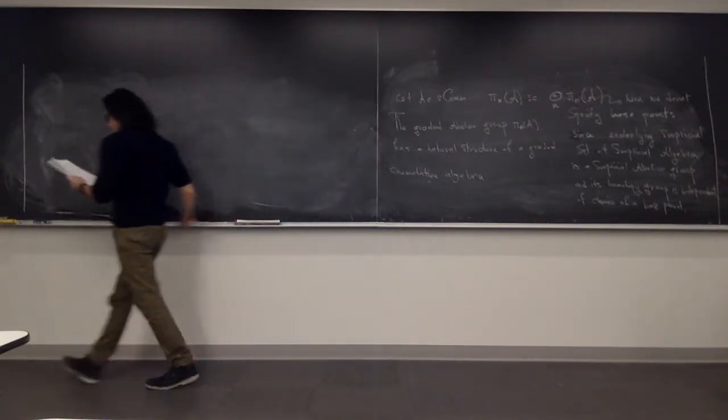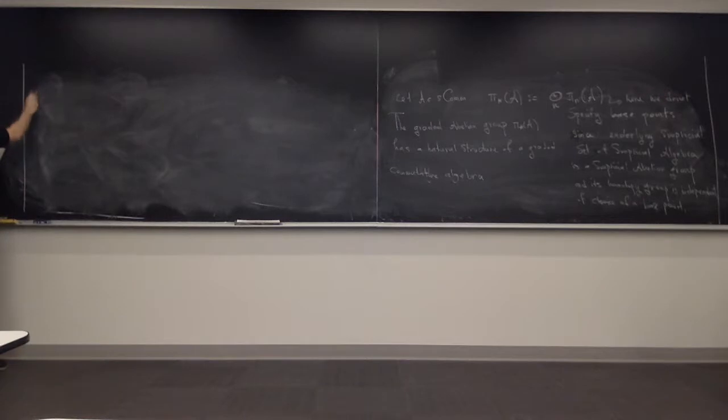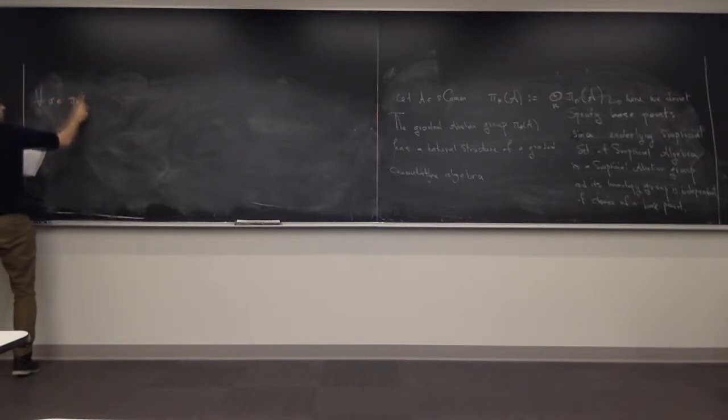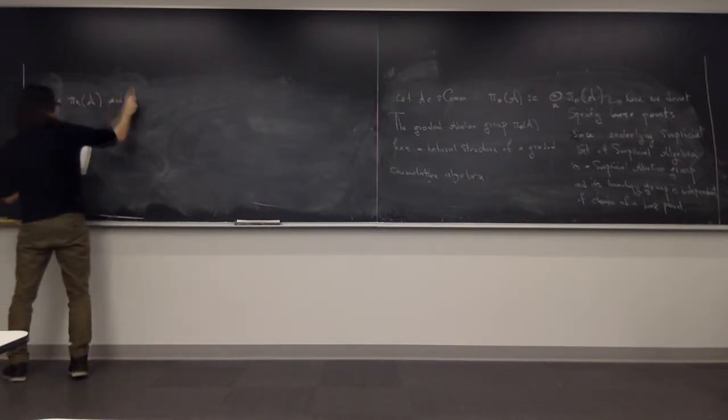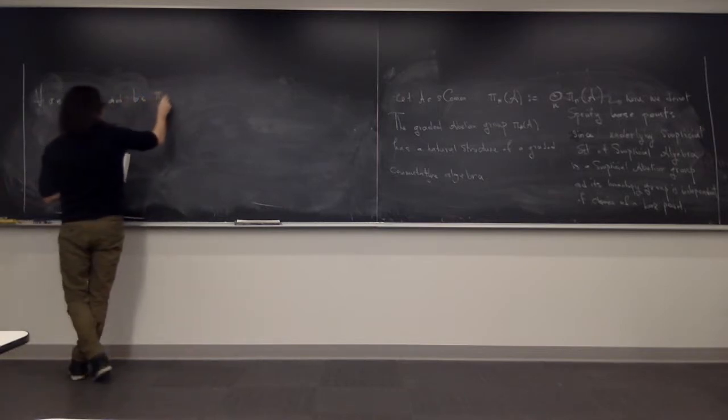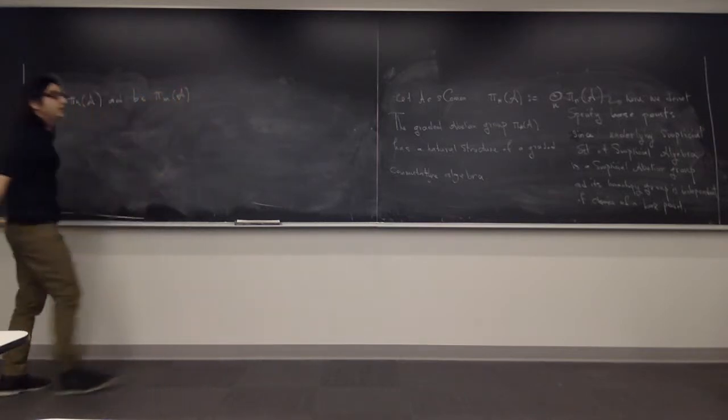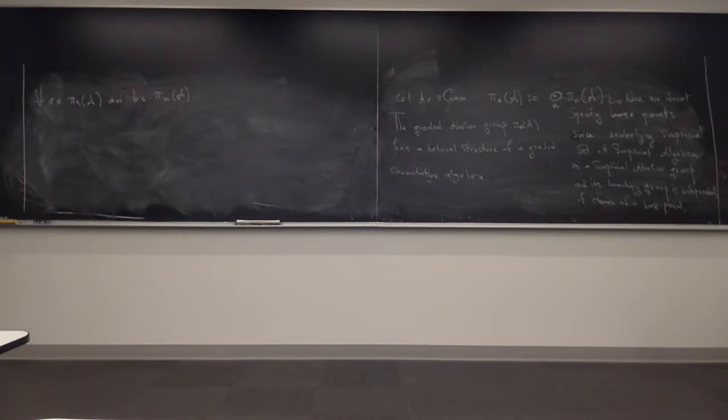So for any, let's say, I take two elements, A in the nth homotopy group of A and B in the mth homotopy group of this ring, then I need to tell you how is the product of these two things.